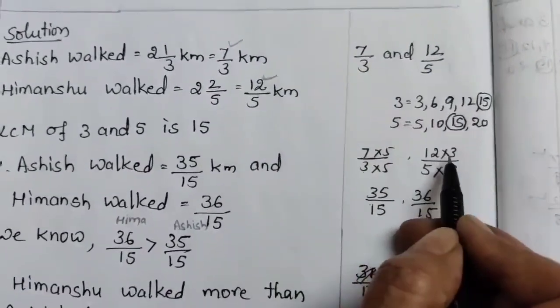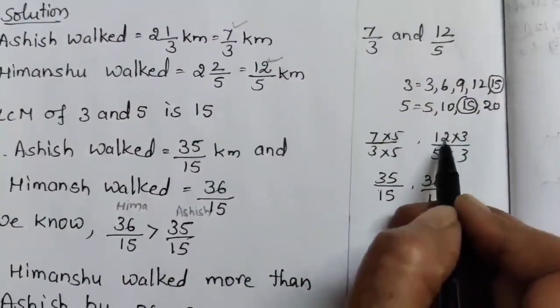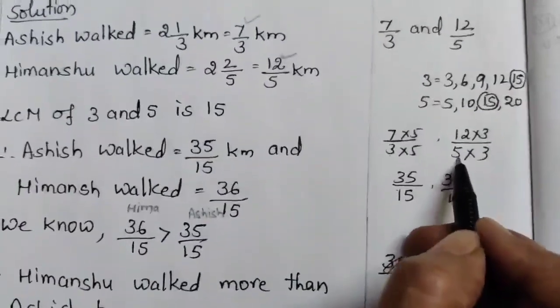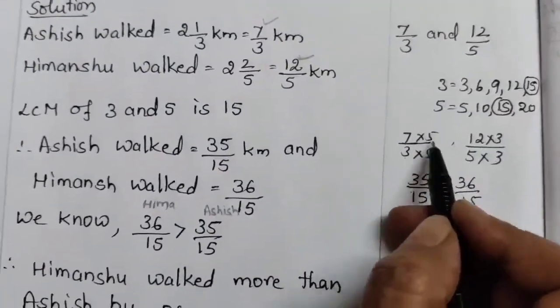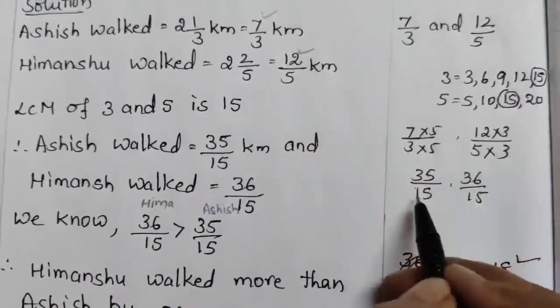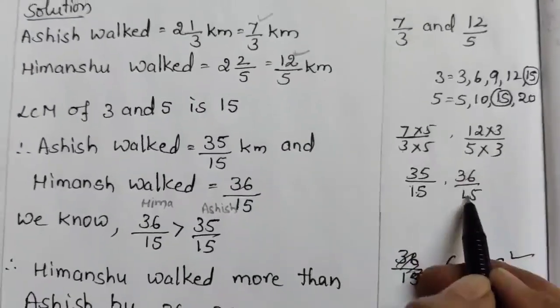So you have to multiply 3 in both numerator and denominator. 12 by 5 is there, no? 12 into 3, 5 into 3. So 7 5s are 35 by 15. 12 3s are 36 by 15.